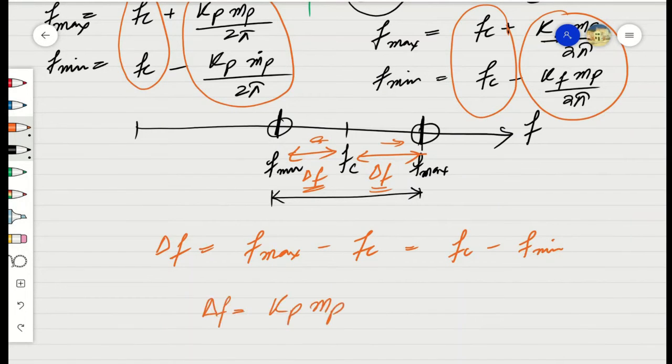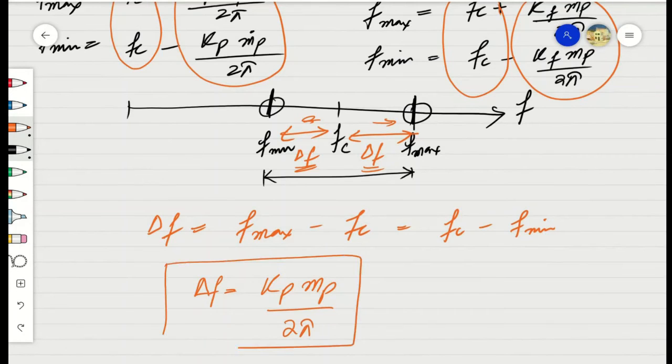The peak frequency deviation for the case of phase modulation can be represented as the peak amplitude of the information signal's derivative multiplied by the scaling factor Kp divided by 2 pi, while for the case of frequency modulated signals, the peak frequency deviation can be represented as the scaling factor Kf multiplied by the peak amplitude of the information signal divided by 2 pi.